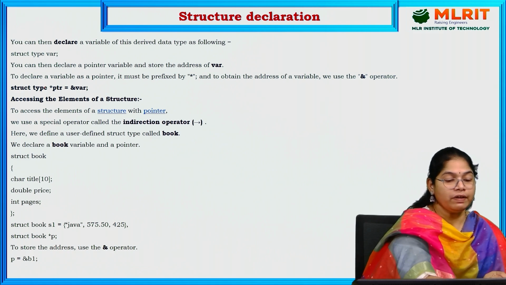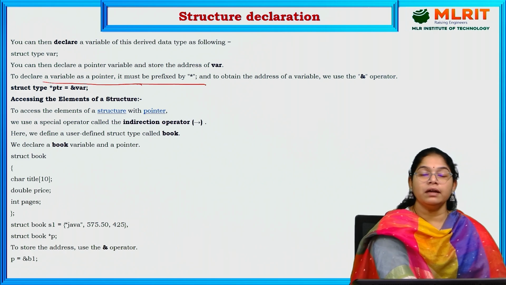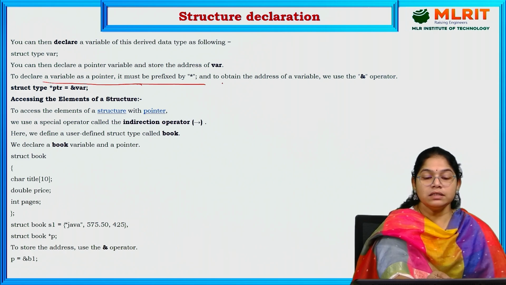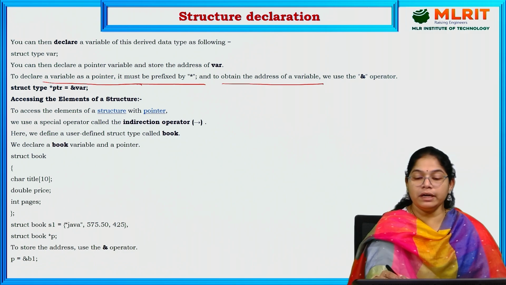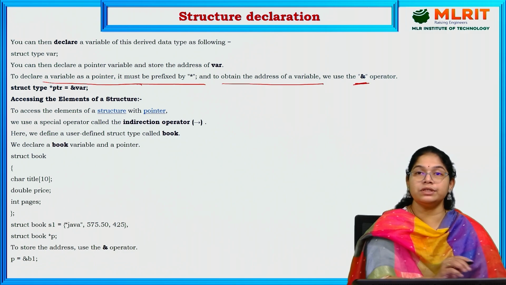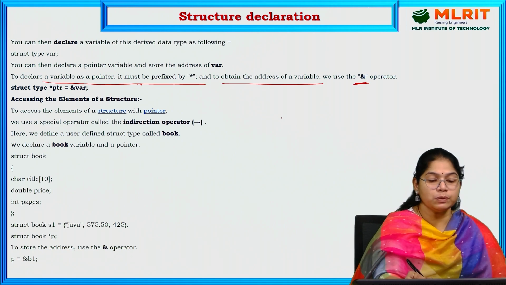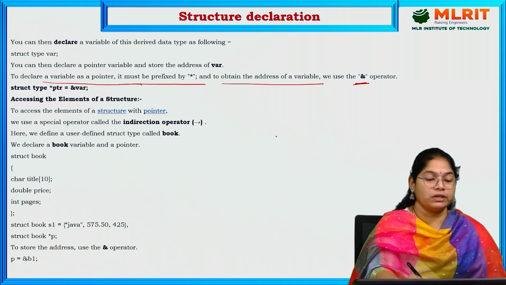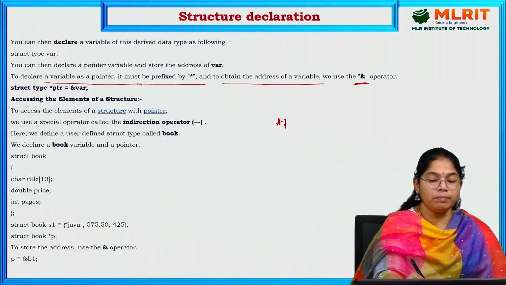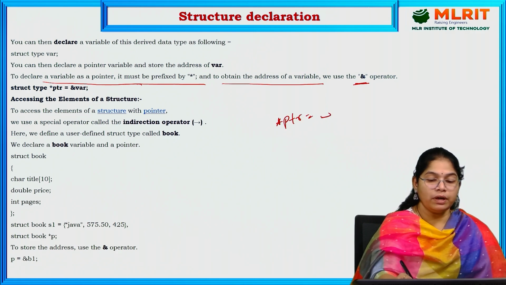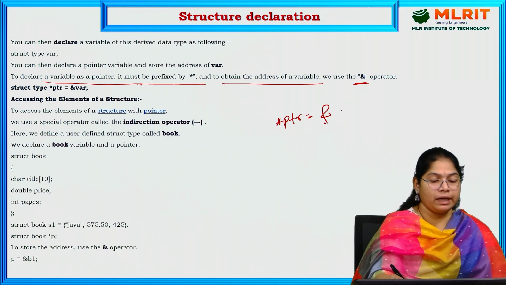To declare a variable as a pointer, it must be prefixed by an asterisk, and the address operator, the ampersand, is used to obtain the address of a variable. Then that pointer variable must also be of the structure type of that variable. This pointer variable can store the address of another variable of the same type.